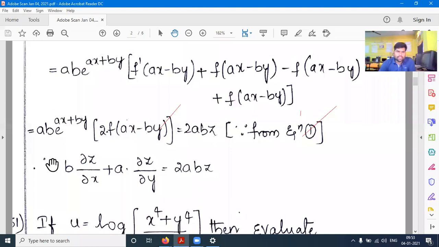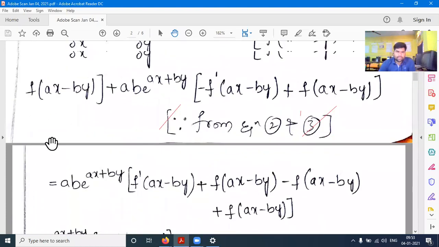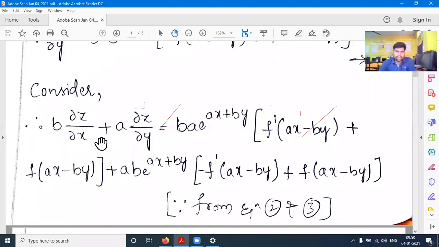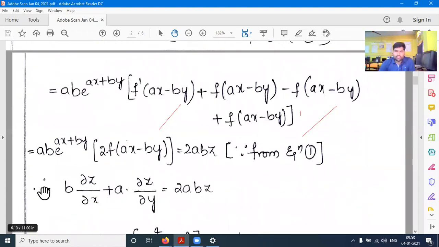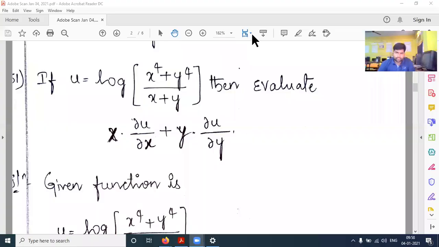So it is equal to what we are finding here, b into dou z by dou x plus a into dou z by dou y. Therefore b into dou z by dou x plus a into dou z by dou y is equal to 2ab into z. So this is our problem.